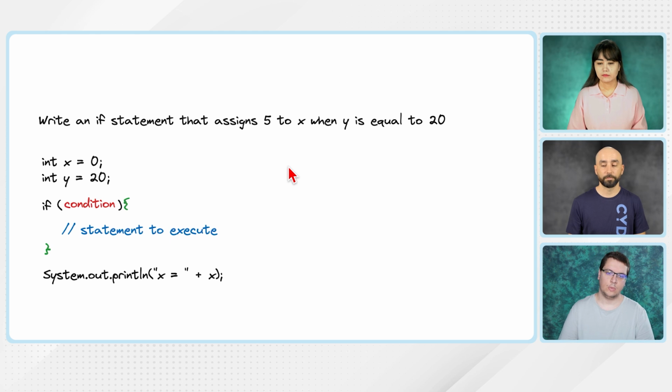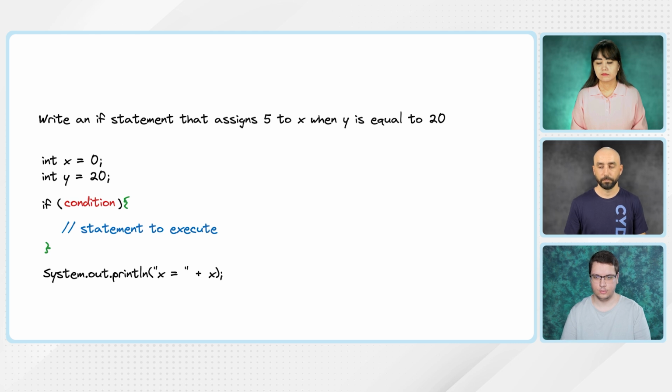The question says: write an if statement that assigns 5 to x when y is equal to 20. As we also see in this syntax, we have a condition. What is the condition? The question says when y is equal to 20.